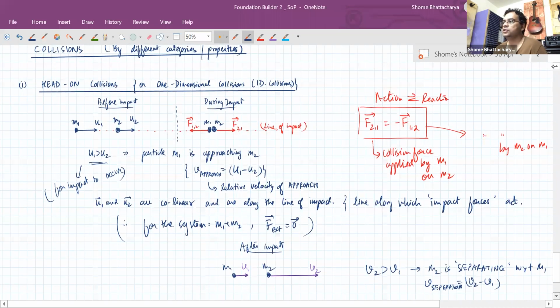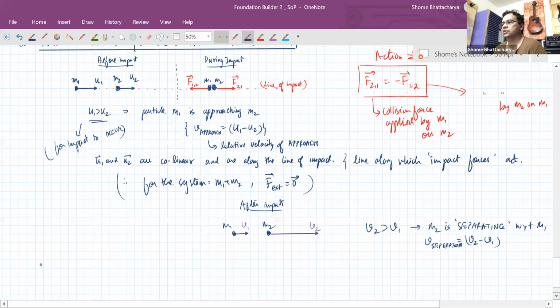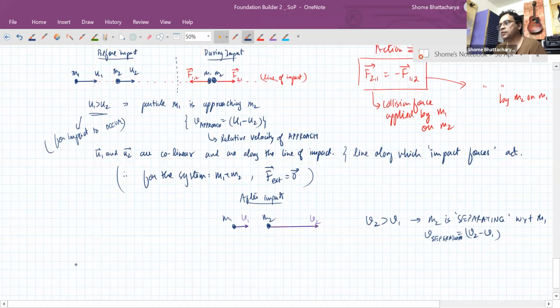Okay, so now the first equation that we can see, we can write over here. So by conservation of linear momentum, how we can write conservation of linear momentum? Because the net external force is zero. We've seen that before.